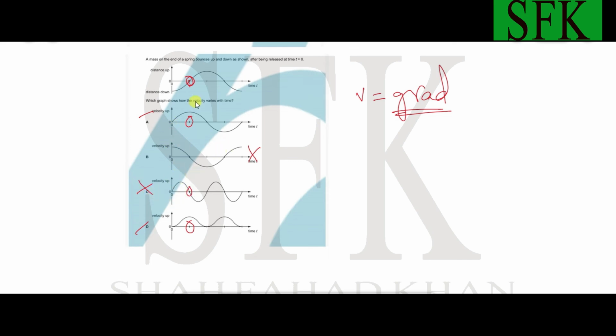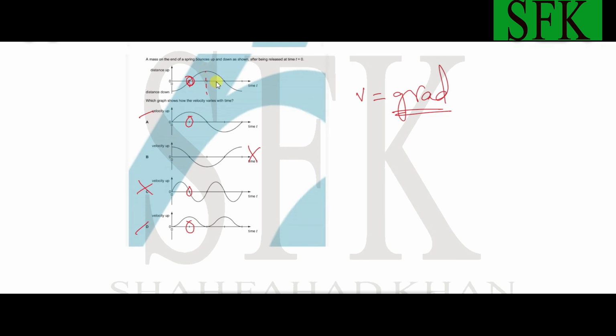So 2 are ruled out, 2 left. Then as time increases, the gradient starts decreasing and becomes 0 again. In both graphs it's 0. Till here both graphs are going the same, A and D. Till half of the cycle they are going the same.